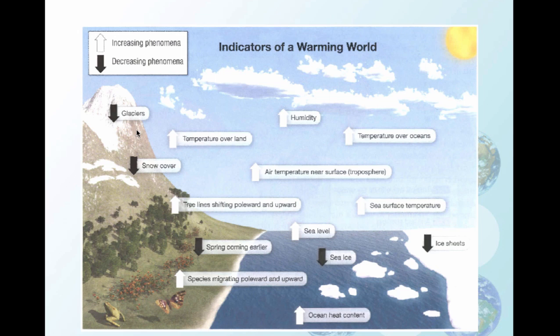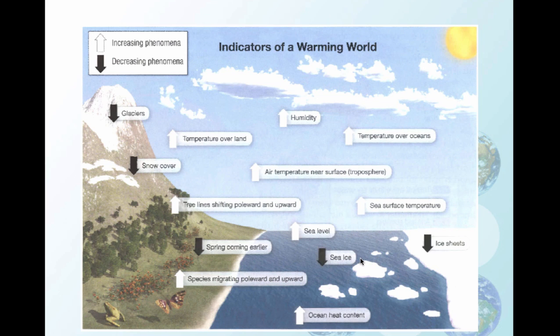So you've probably heard about the receding snow cap on Kilimanjaro, melting glaciers in Greenland, summer melt in the North Pole getting crazier and crazier every year, decrease in snow cover, tree lines shifting poleward and upward, so meaning going to higher elevation and also further north, spring coming earlier, species migrating north and south and again to higher elevation because the temperature that they're adapted to, the location where it's that temperature, is moving closer to the poles and at higher elevation.